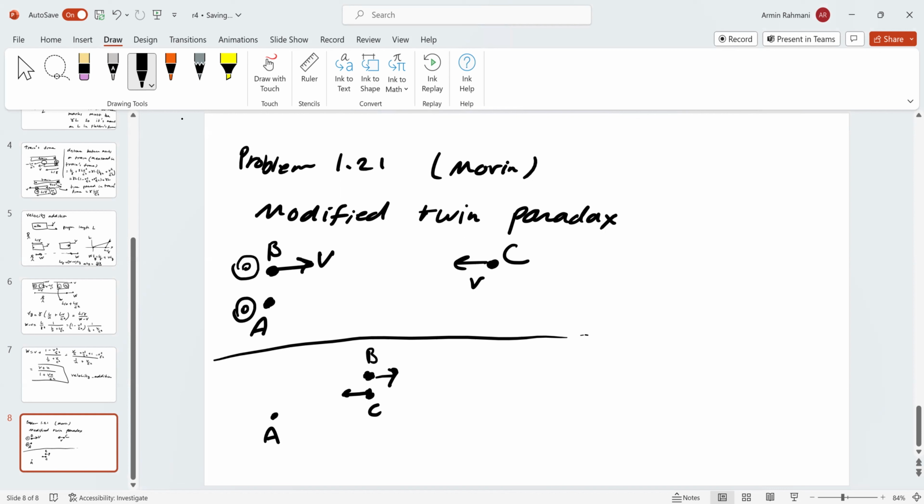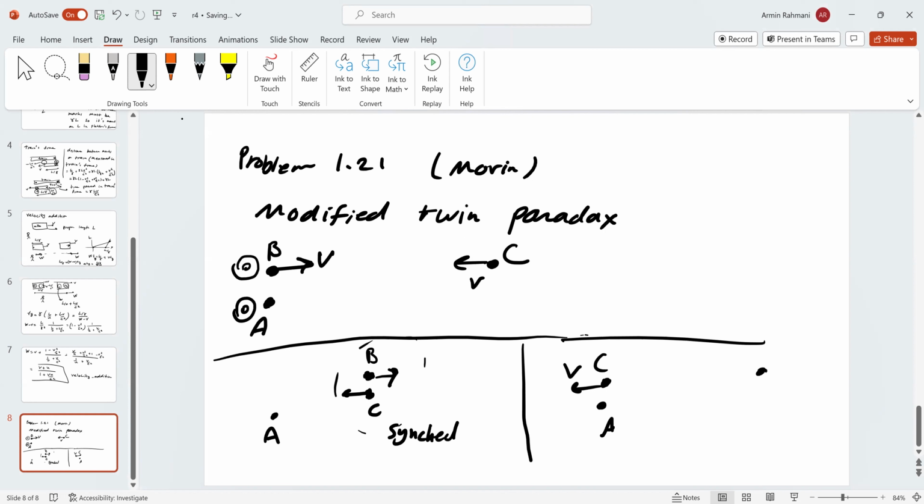So they get synchronized at this point. And then the motion continues until C reaches A. So C throughout, and B is somewhere out there. So throughout this motion, all of the observers are in inertial reference frames. Nobody's accelerating.